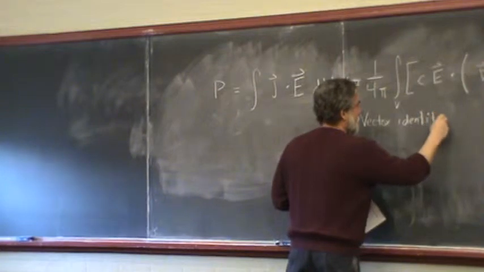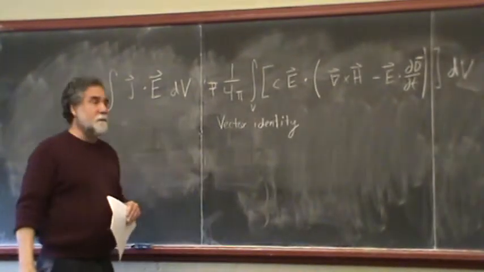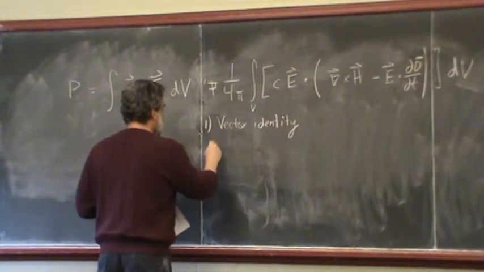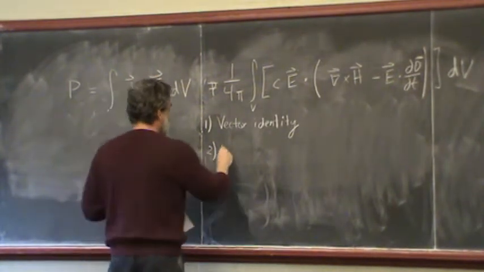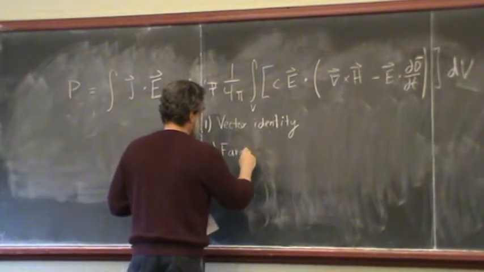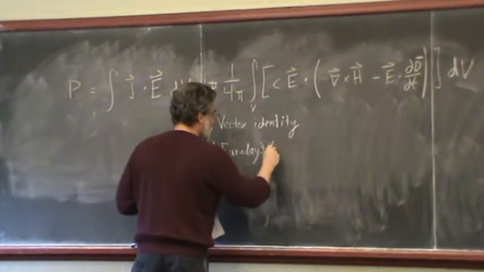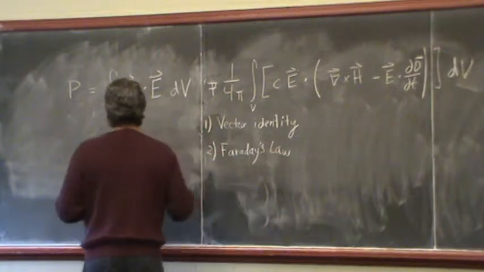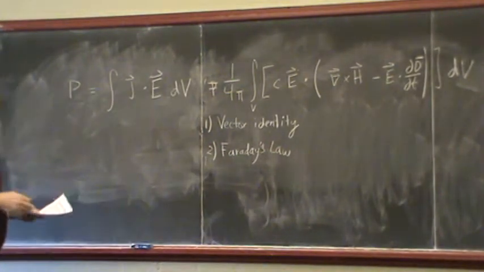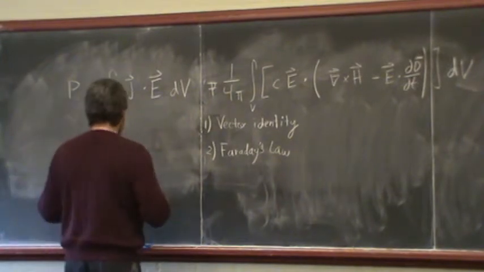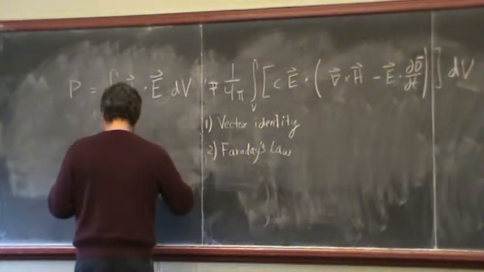Step 1, vector identity. Step 2, question mark, question mark. Faraday's law. Step 3, solution. You're forgetting the question mark, question mark.